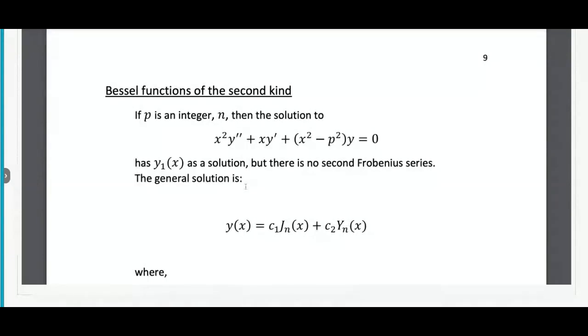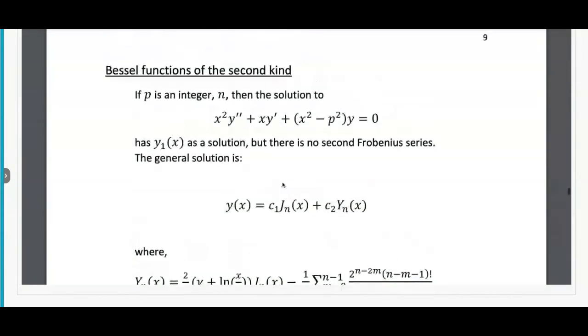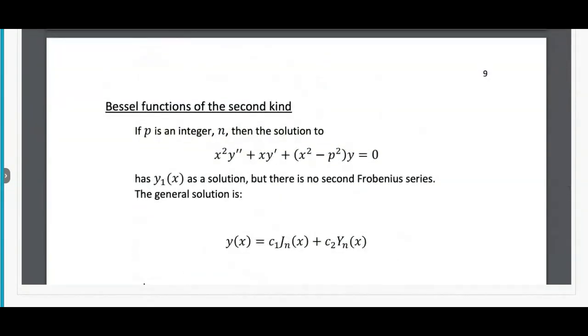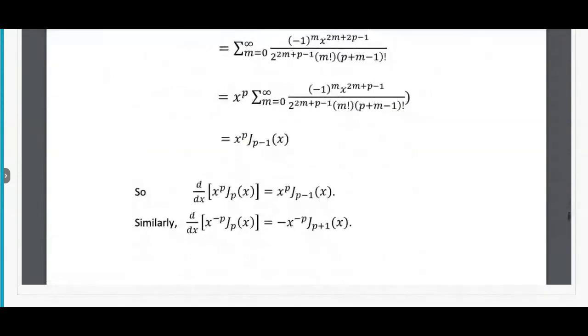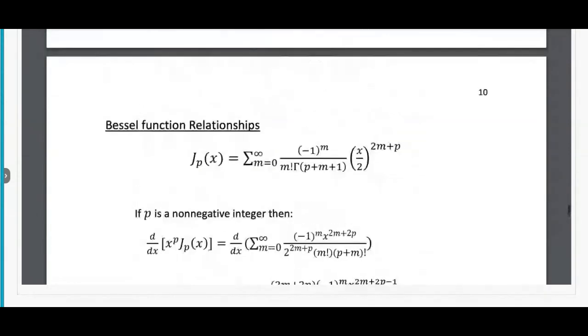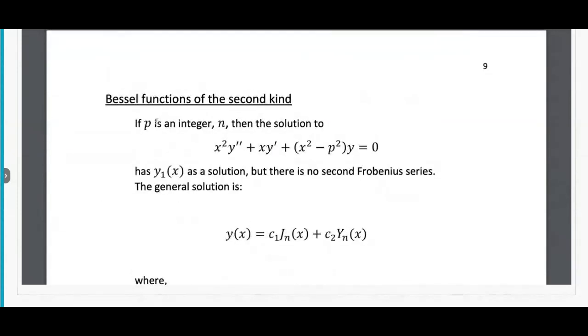Bessel function of the second kind of this. Oh, did I talk about this second kind? I don't even remember. Anyway, let's just go through it now. So p is an integer, n.